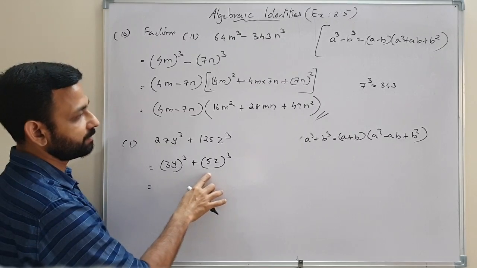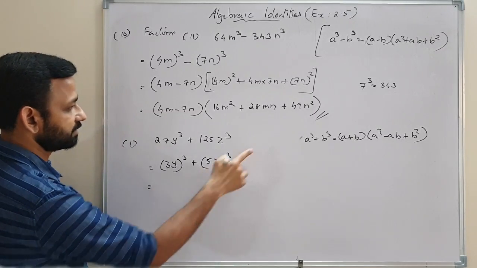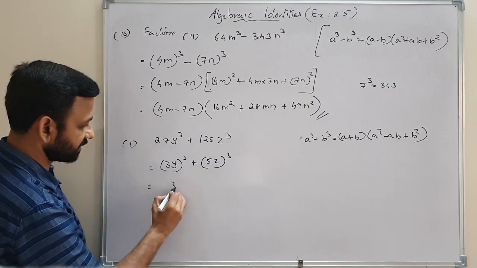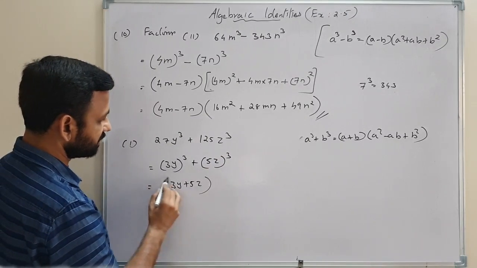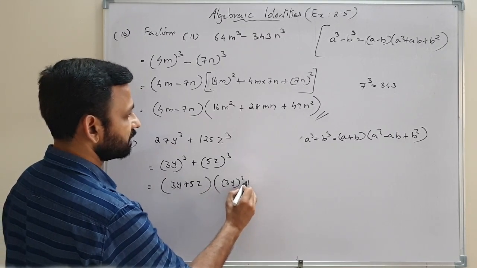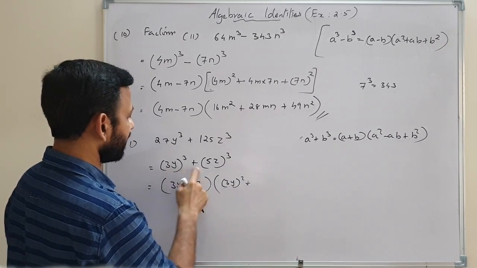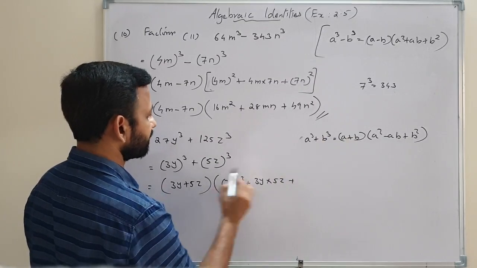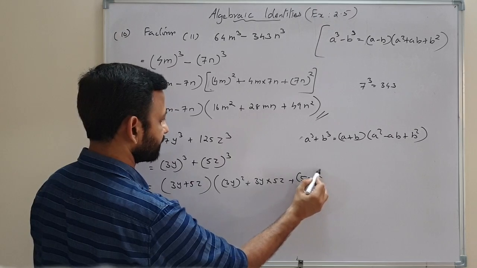So a plus b, that is 3y plus 5z, into a square, 3y whole square, minus ab, 3y into 5z, plus b square, 5z whole square.